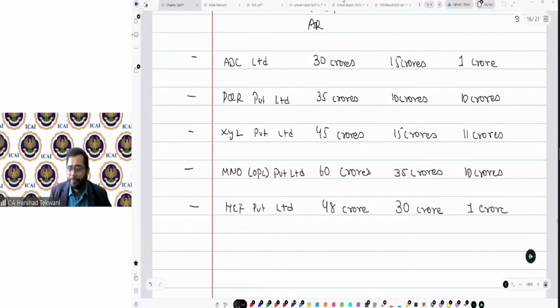Come on, guys. 143.3i, we saw the exemption. Now, based on that exemption, we need to understand whether it will be applicable to these companies or not. You need to answer yes or no with the reason why for all these companies.